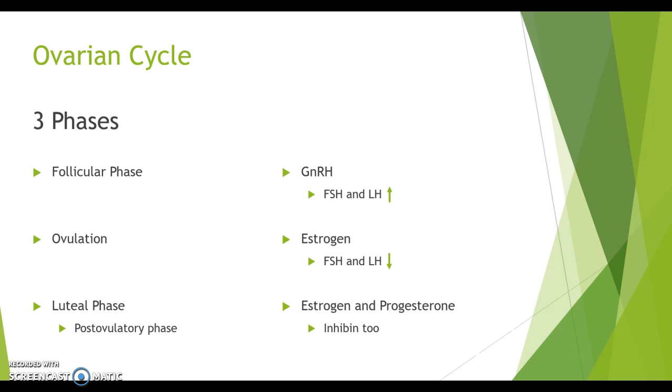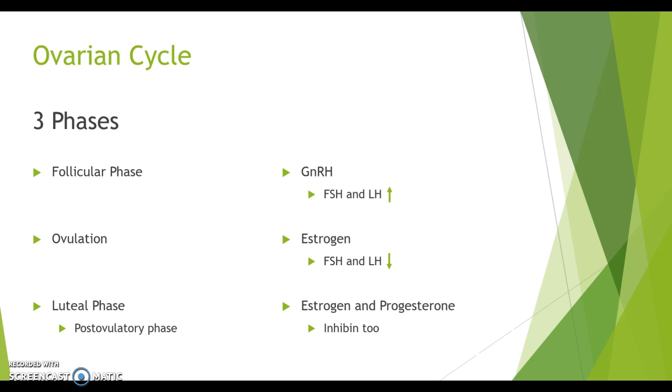All of these phases are under endocrine or hormonal control, starting with the follicular phase. Estrogen is the dominant steroid hormone in that phase, but it all starts with gonadotropin releasing hormone that is secreted from the anterior pituitary, and that in turn stimulates secretion of follicle stimulating hormone and luteinizing hormone.